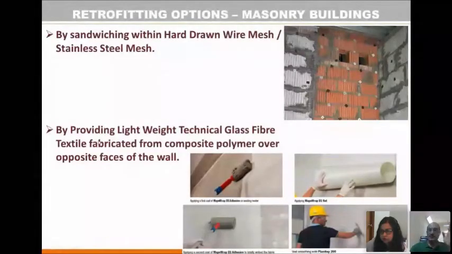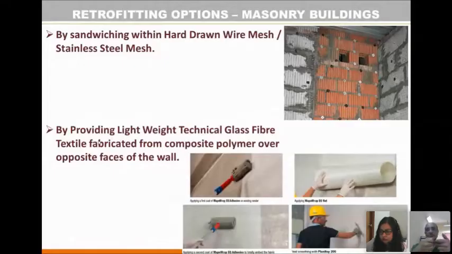Another approach is sandwiching the hard drawn wire mesh. This has to be provided on either side of the walls and adequately connected, and the connection should be by means of a bolt. If you are connecting by means of nails, that is not a good practice.